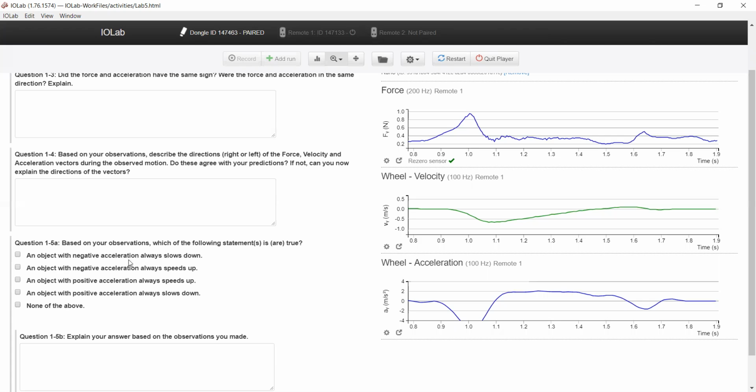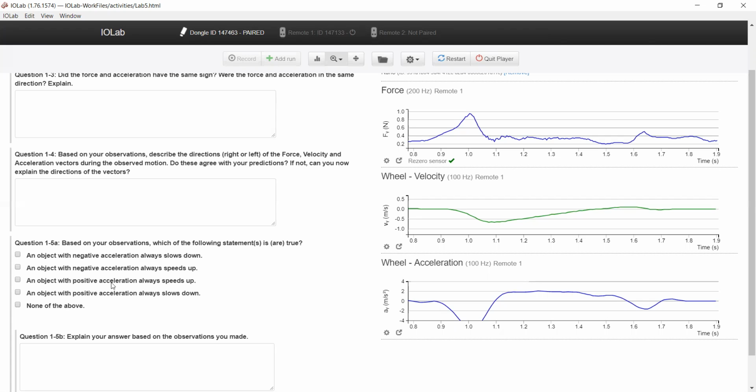Slowing down in the positive direction can also result in negative acceleration. So we know the general rule for the acceleration. If you are speeding up in a certain direction, acceleration will have the same sign as that direction. If you are slowing down in a certain direction, positive or negative, acceleration will have the opposite sign to that direction.